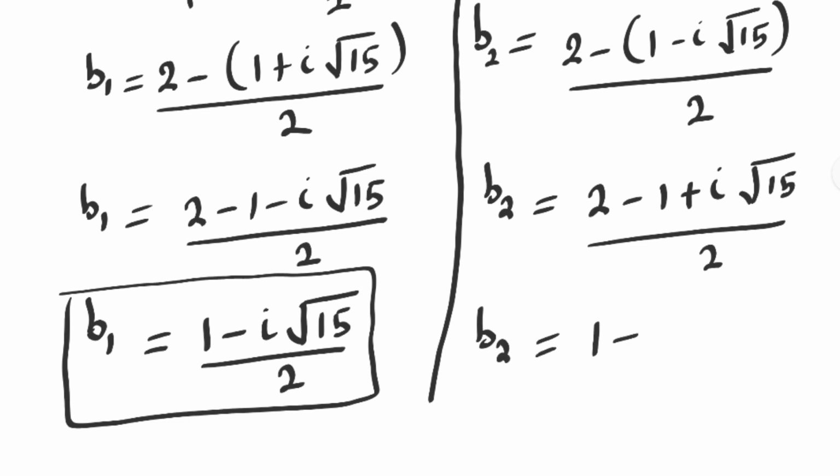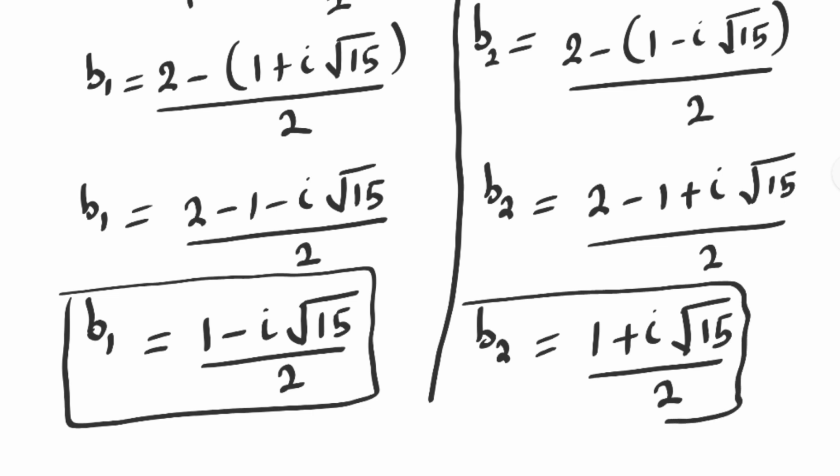This is 1 plus i square root of 15 all over 2. This is the value of b2.